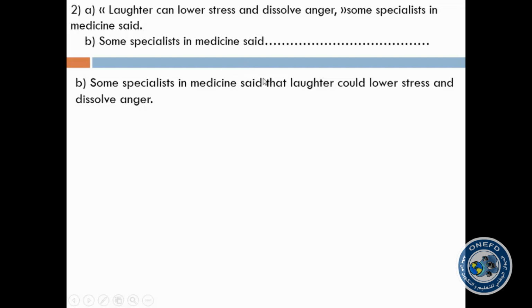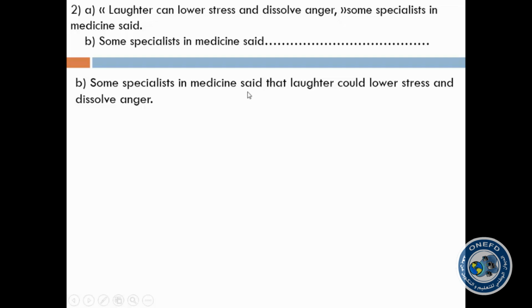But there is a catch. You have to be very careful of the changes that might occur when turning the sentence from direct speech to indirect speech. And how do we do so? By paying careful attention to the tense of the introductory verb and the tense of the verb in the direct speech.